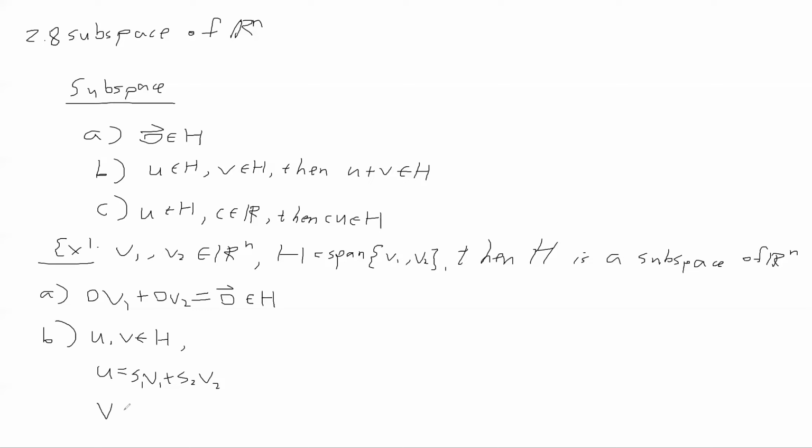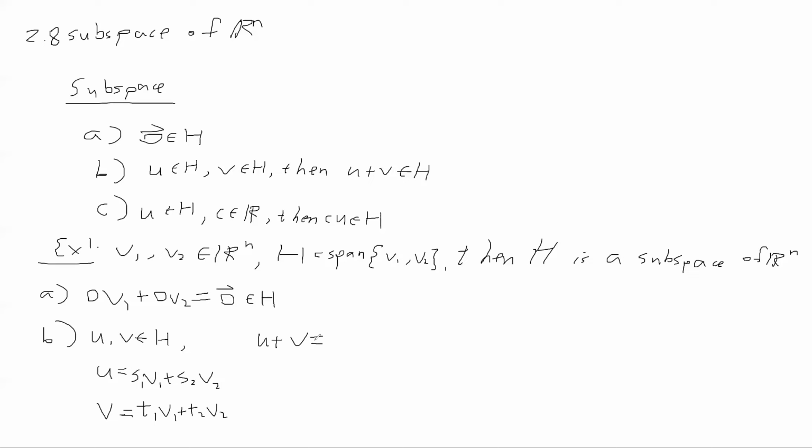Similarly for V, I can also write V as T1 times V1 plus T2 times V2, right? So U and V are both vectors in our set H, which is the span of V1, V2. Then we can write both U and V in this form, right? In the linear combination of V1 and V2. And then we want to show that U plus V is also in H, right?